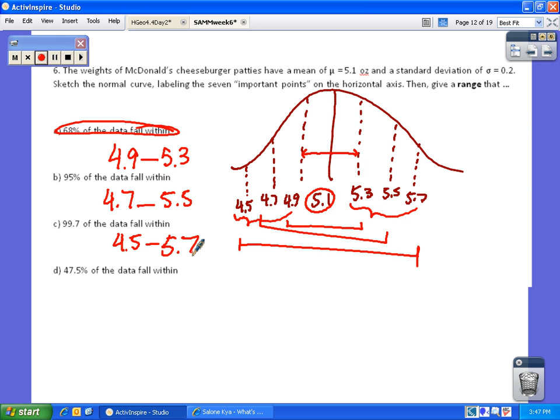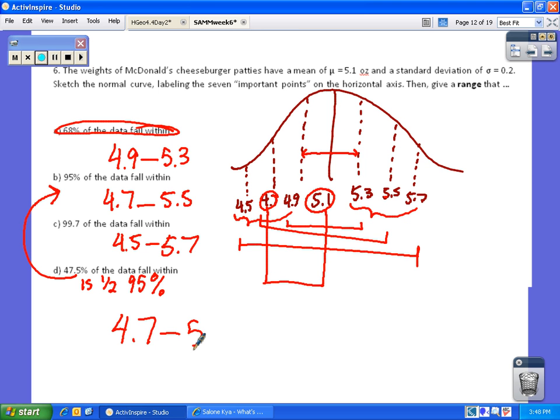For part D, I would notice that 47.5 is half of 95%. So what I would do is take half of the range from part B. Instead of going from 4.7 to 5.5, 47.5% of the data would lie between 4.7 to 5.1.